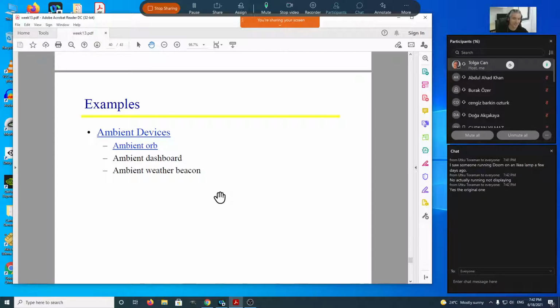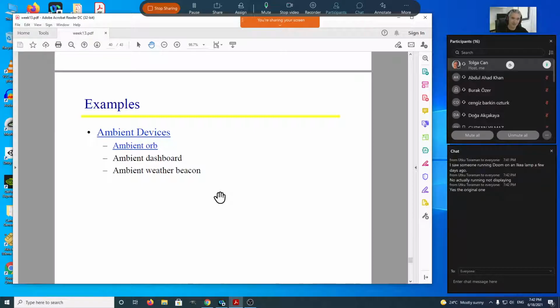Wow, nice. So yeah, you may use it as, the lamp was not a display device, but by running you mean it had some computational power, and it was without displaying. What was the display then? So there should be some display.